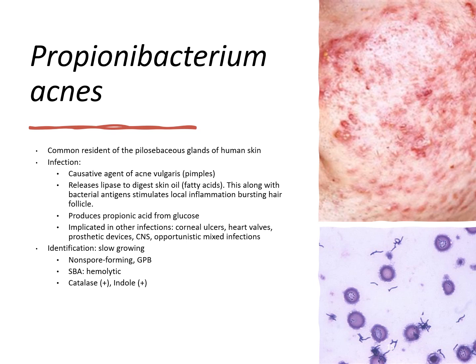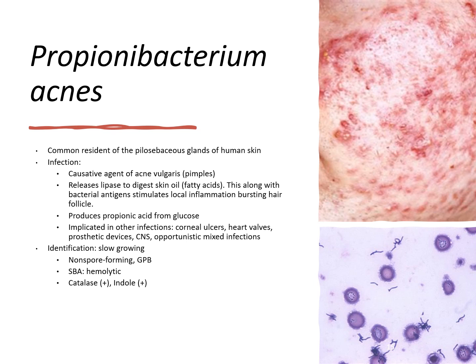This, along with the bacterial antigens, stimulates local inflammation and will actually burst the hair follicles. It will produce propionic acid from glucose usage, and is implicated in other infections like corneal ulcers, heart valves, prosthetic devices, central nervous system, and different opportunistic mixed infections.